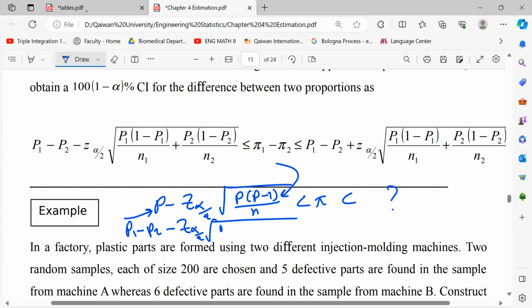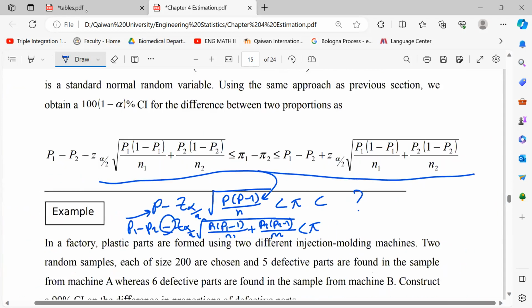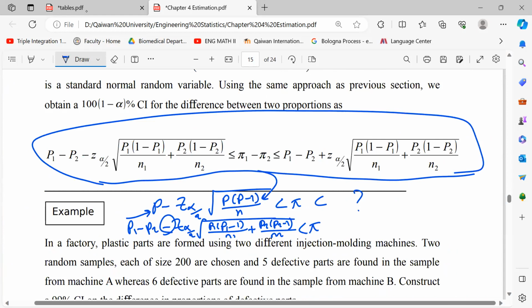It's P1 times (1 minus P1) over N1 plus the second one, P2 times (1 minus P2) over N2. It's the left-hand side. How about the right-hand side? It's the same, just change this negative to positive. Look, it is the above rule. It's this rule.